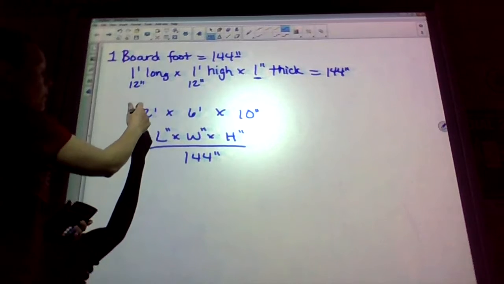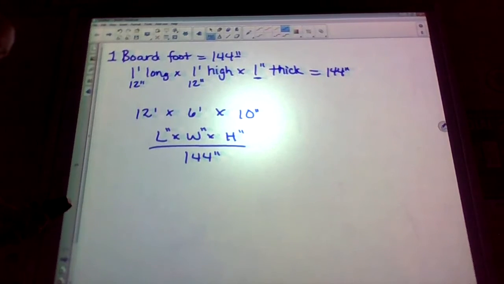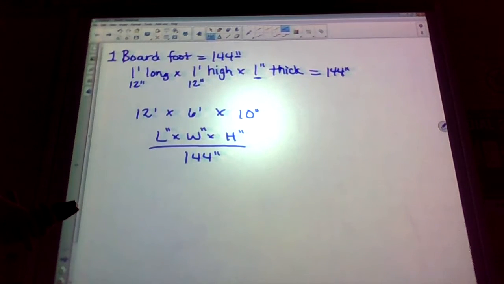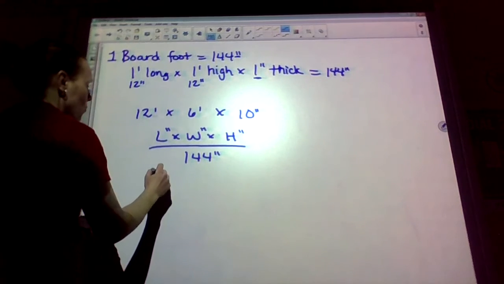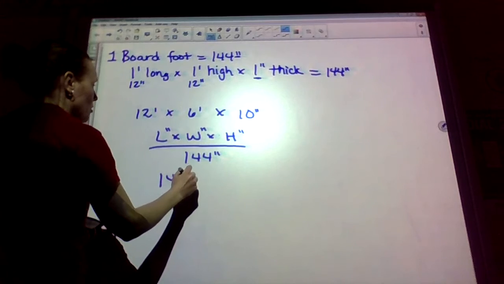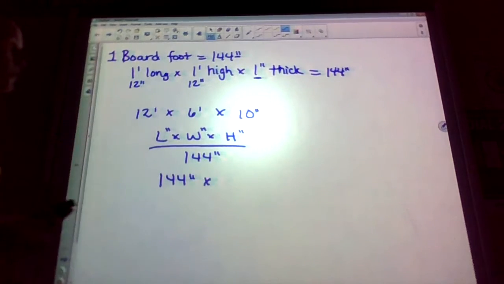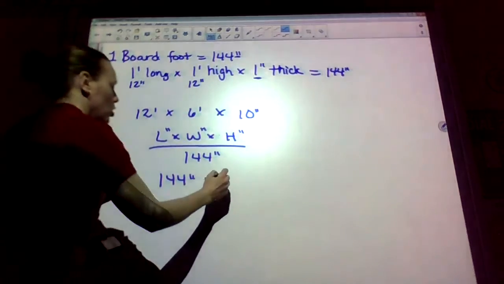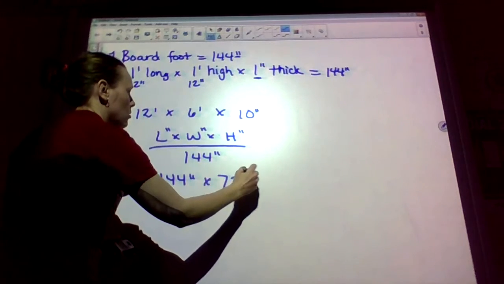While doing that, we have to take 12 feet and convert that into inches. If there are 12 inches in a foot and we have 12 feet, we take 12 times 12, and that gives us 144 inches. And we know we have 6 feet, but in 6 feet we have 12 inches for every foot. So 6 times 12, we have 72 inches.